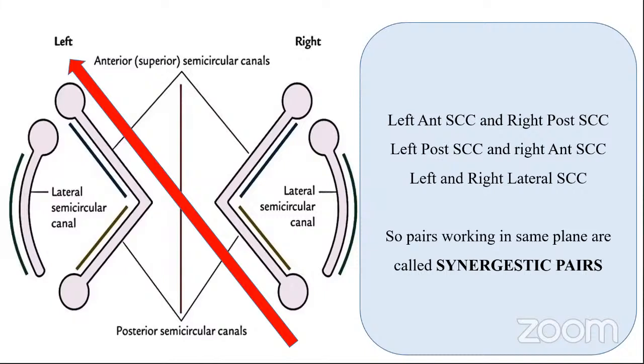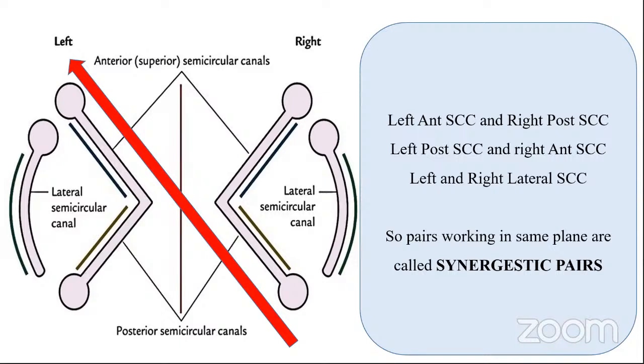So here you can see the left anterior, otherwise called superior semicircular canal. It acts synergistically with the posterior semicircular canal. So you can see left anterior and right posterior are synergistic. Then left posterior and right anterior are synergistic.